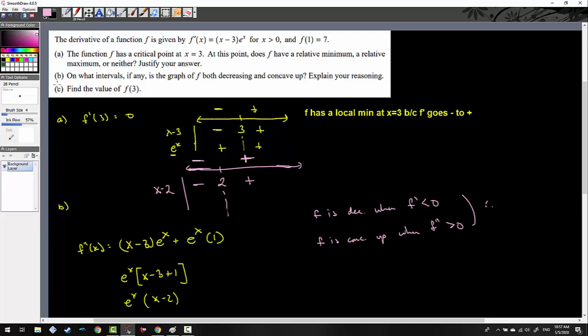So where does that happen? I believe it happens right here where these two signs intersect each other. So it looks like it's going to be between 2 and 3. Therefore, f is both decreasing and concave up on 2 to 3.